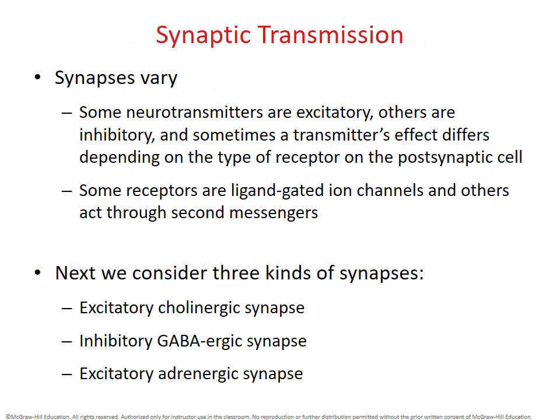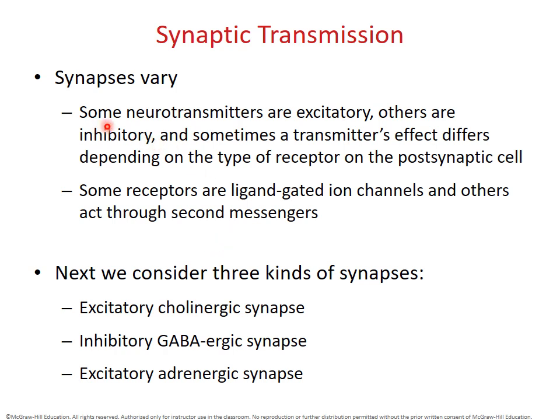All right, now as we said, synapses are not all created equal, so to speak. There are different types of synapses in the body and different ways in which neurotransmitters can influence the postsynaptic cell. So different neurotransmitters and different effects of those neurotransmitters create different kinds of synapses.